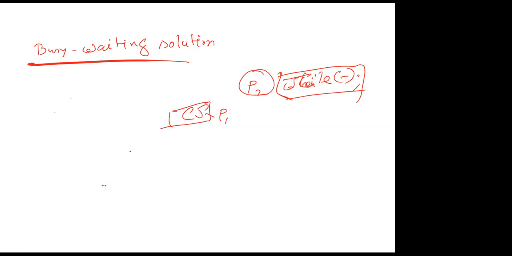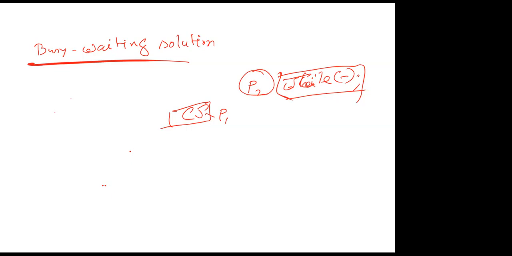So far we learned all of these busy waiting solutions. Peterson is also a busy waiting solution, but Peterson is one of the best methods for busy waiting, because it grants all three properties for synchronization mechanisms.